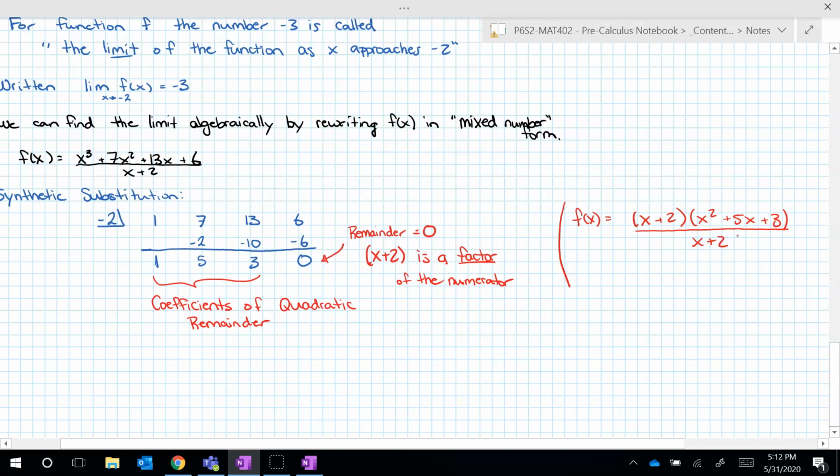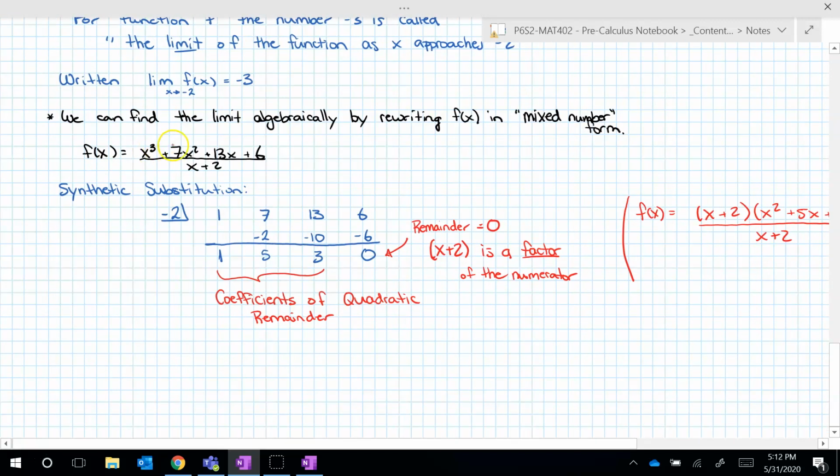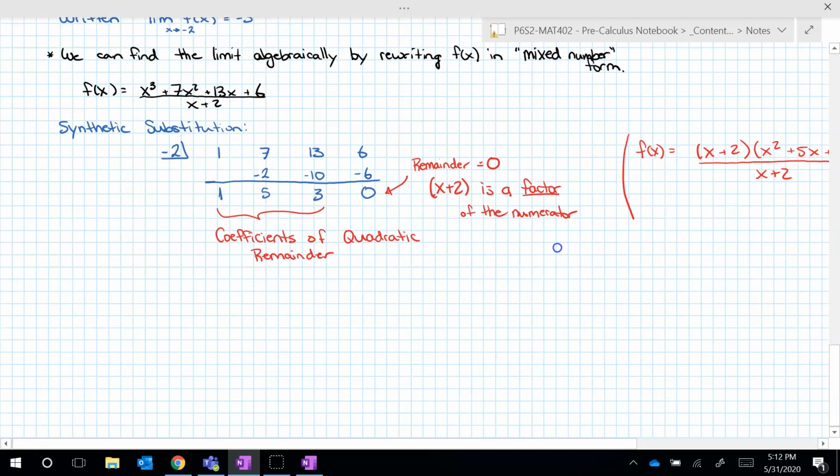So this top cubic function, if I divide by x plus 2, goes in nice and evenly. Synthetic substitution or polynomial long division, either way, if I divided the numerator by x plus 2, I would get x squared plus 5x plus 3 as the other factor, and it goes in cleanly with a remainder of 0.